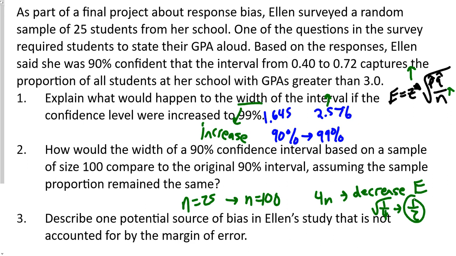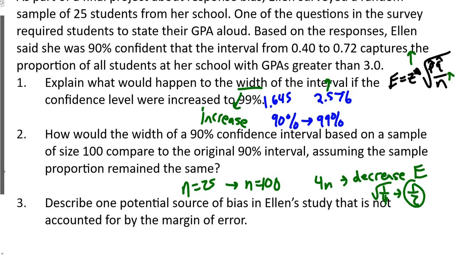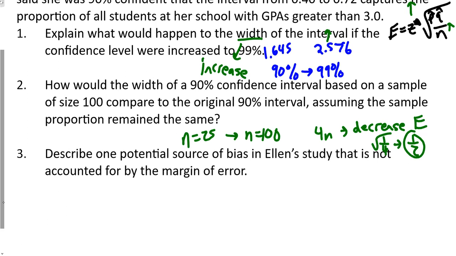Well, how many of you are going to tell your honest GPA if you're not proud of it? Even if you're proud of it, you might add a little bit. Just like heights in football or basketball scorecards, everyone increases their height, their weight, whatever it is that's important for that sport. This is response bias. So there is going to be some response bias in this, which would cause your p-hat to be too high.